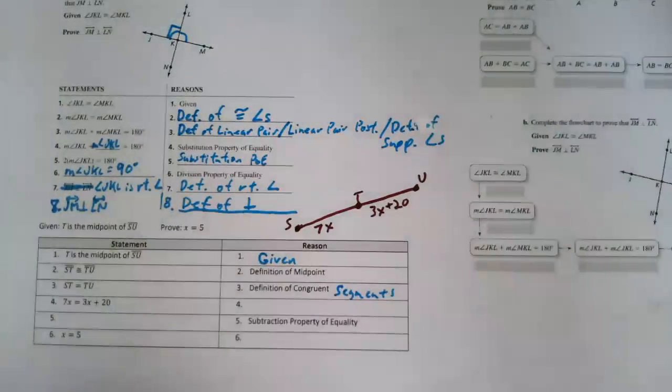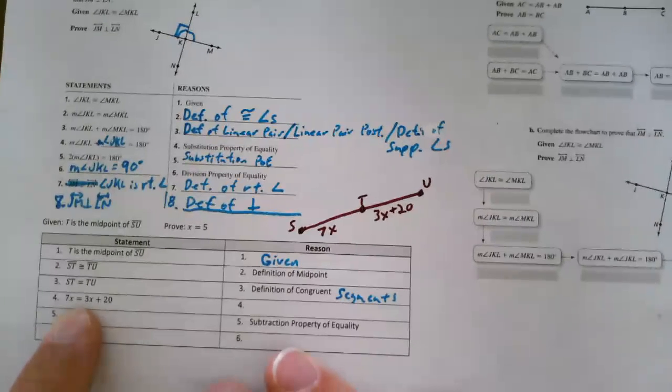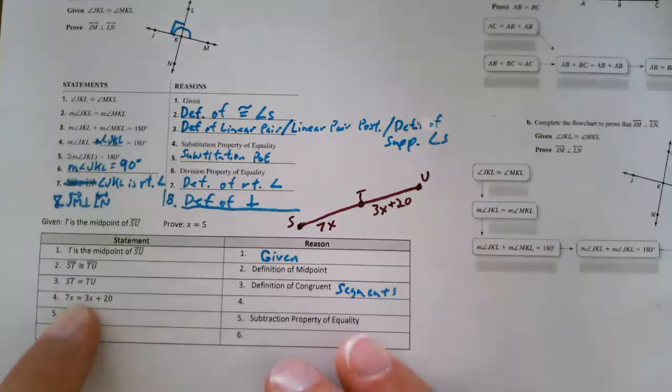But there's nothing wrong with just saying definition of congruent, or better yet, definition of congruency. On the next line, take out this statement. Where did that statement come from? What was it?